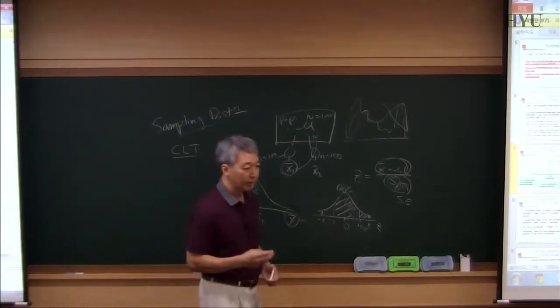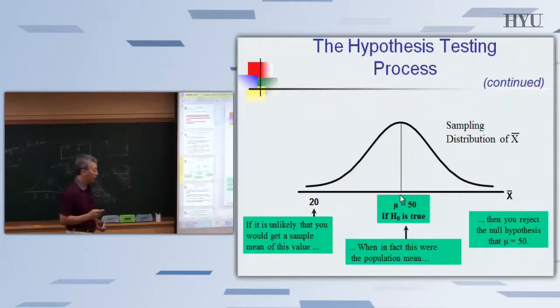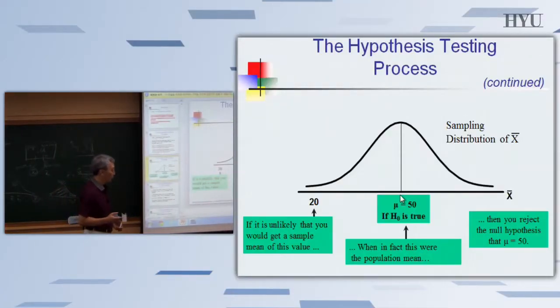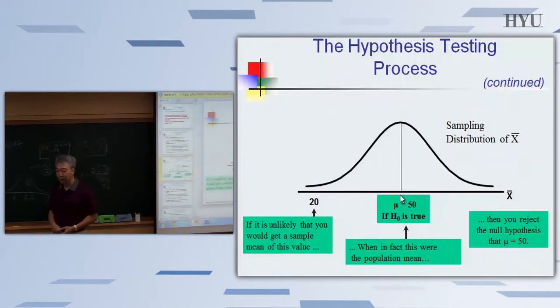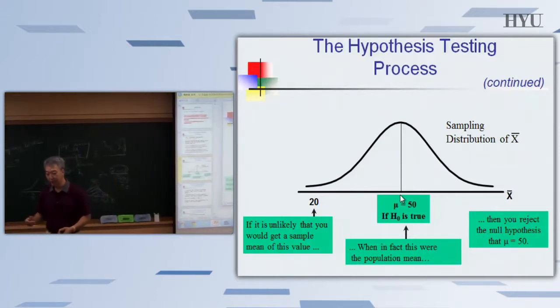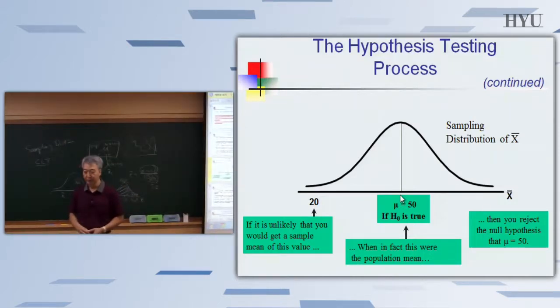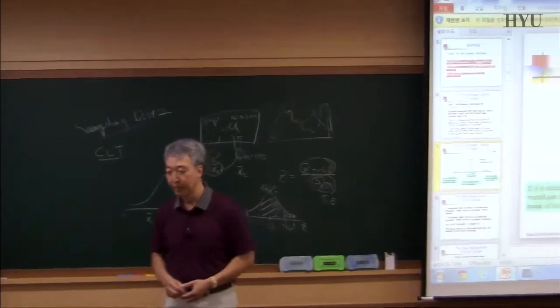So there are 2 possibilities. One possibility is if the sample is good, then the null hypothesis is not true. It is incorrect, right? Second possibility is the null hypothesis is still true, but somehow you selected a bad sample. What do we mean by bad sample?